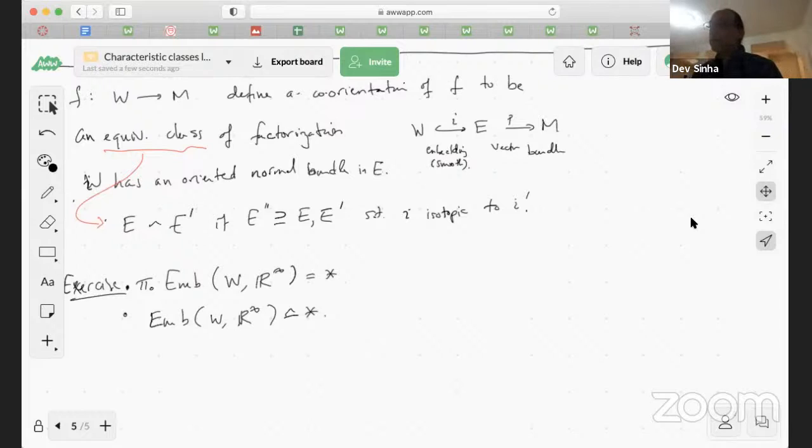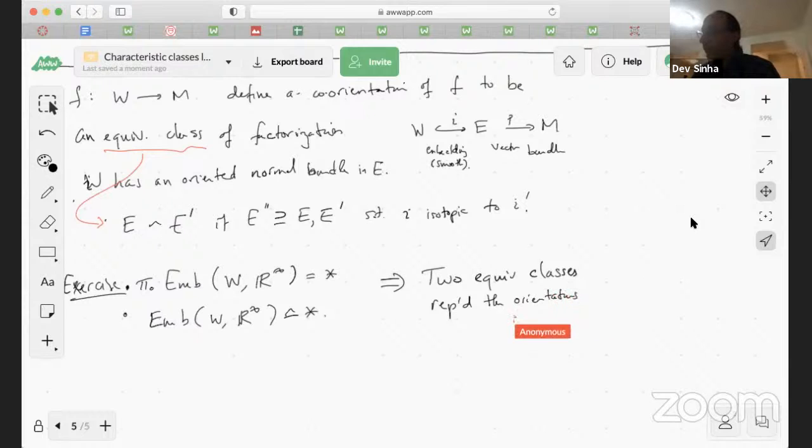So what that implies is that a co-orientation is really just determined by that orientation of the normal bundle of W in E. So this exercise implies that there are exactly two equivalence classes represented by the two orientations on the normal bundle to the image of W under I.